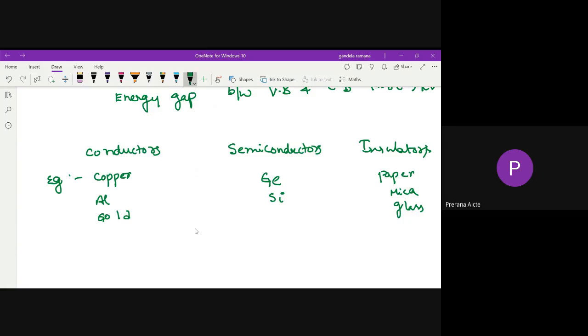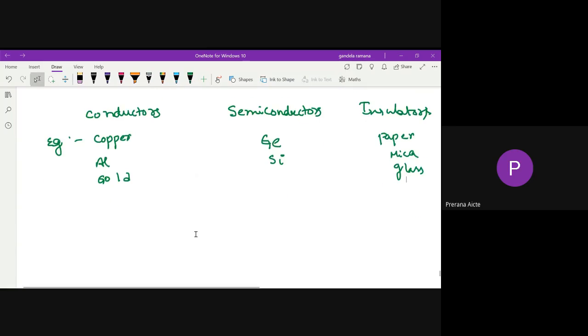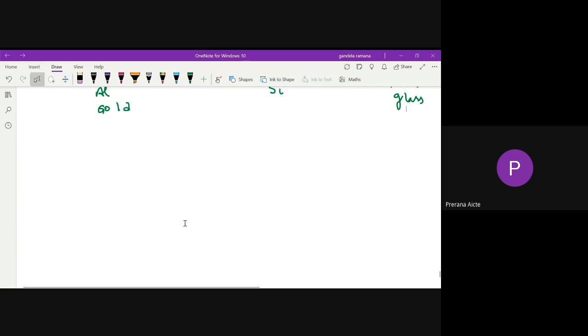What about the temperature coefficient of resistance? Conductors have a positive temperature coefficient of resistance. How can you say it is a positive temperature coefficient of resistance? We know very well the formula R_T is equal to R_0 into (1 plus alpha T).